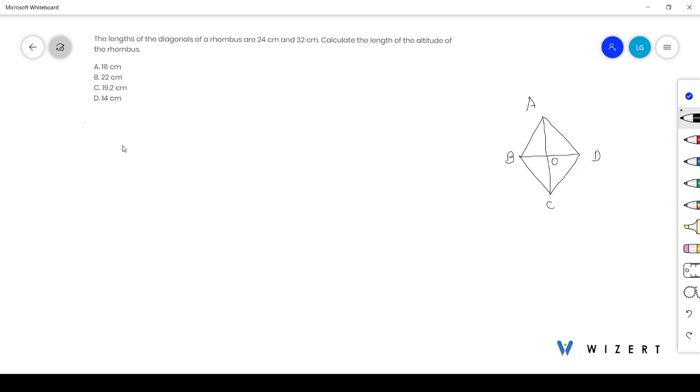AC and BD are the diagonals of that rhombus, and O is the intersecting point of the diagonals.